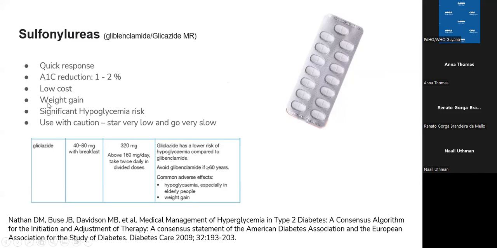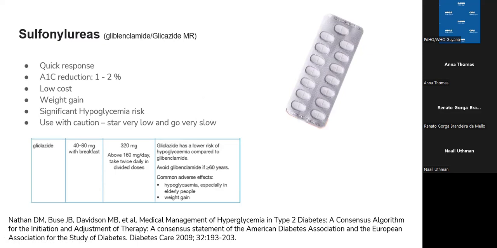However, it is associated with weight gain and significant hypoglycemia risk. So prescribe this medication class, however, monitor hypoglycemia events. Use with caution. Start very low, not only low, and go very slow.